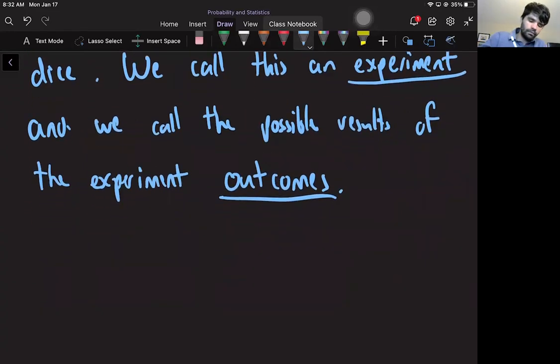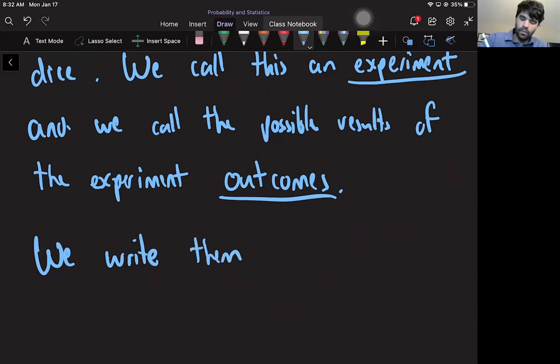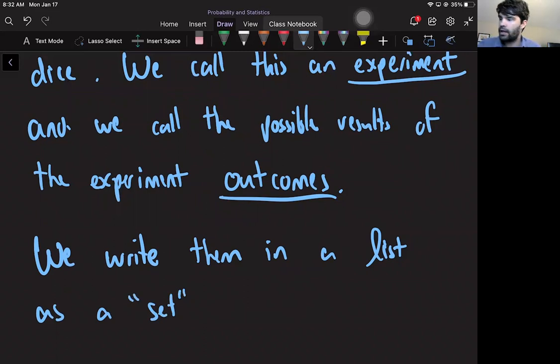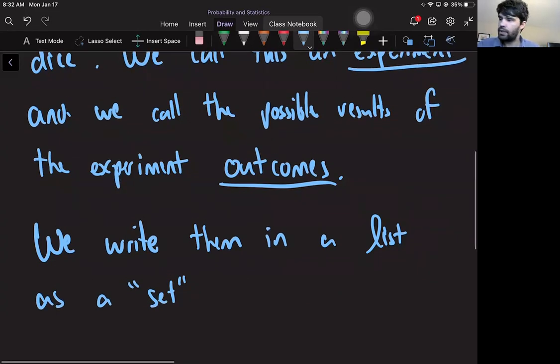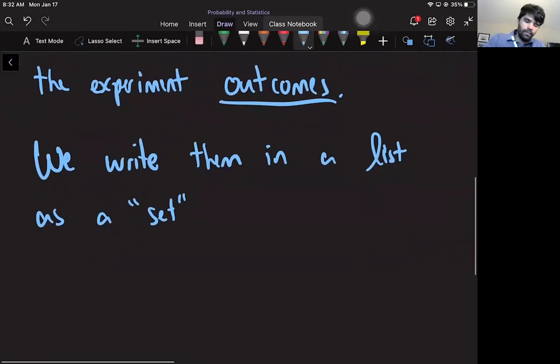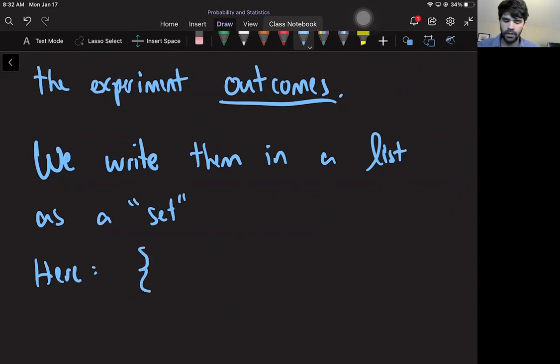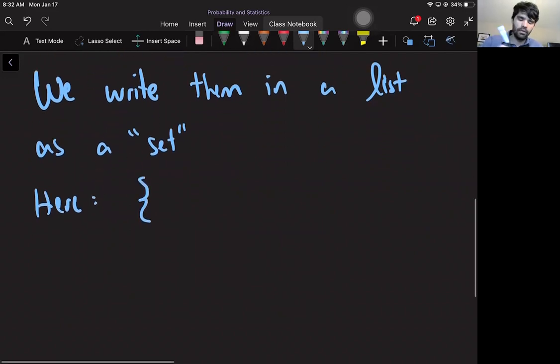And what we do is we write them as a set, which is a fancy math word that you learn about in a different math class. But it really just means that you stick them inside of curly braces. So you write these curly braces and you put your outcomes in here. What are the outcomes of rolling a dice? They're rolling a 1, rolling a 2, rolling a 3, 4, 5, or 6.